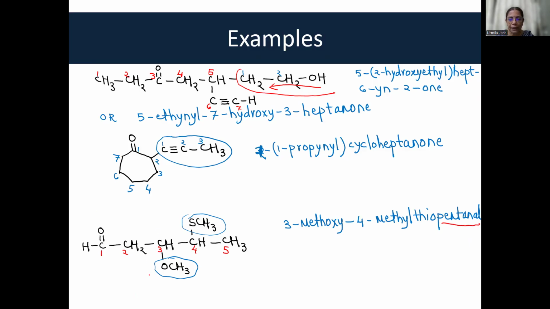At 3 position, there is methoxy. And at 4 position, there is methyl thio. Look at this, methyl thio. You can put a bracket over here. Okay. 4-methylthio pentanal. Now, end of the bracket term is thio. So, thio indicates its attachment to the parent chain.